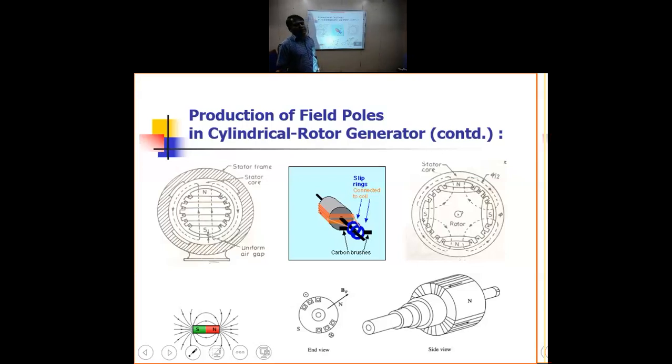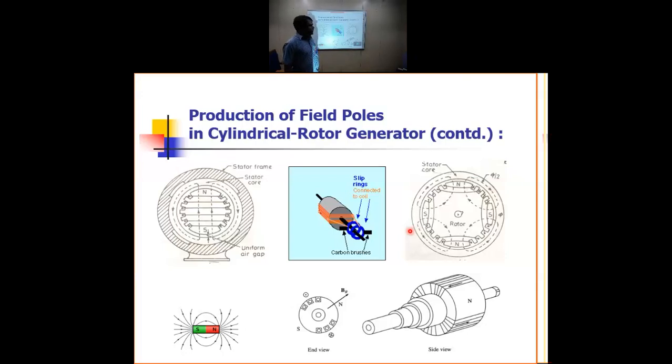Four pole is already quite difficult, so 6 pole, 8 pole constructions are beyond the possibilities. So from the construction point of view, the cylindrical rotor structure demands a minimum number of poles. If it is 2, then it is very good. If it is 4, then somehow it can be managed, but beyond 4 poles is not at all possible for a cylindrical rotor structure. Clear?